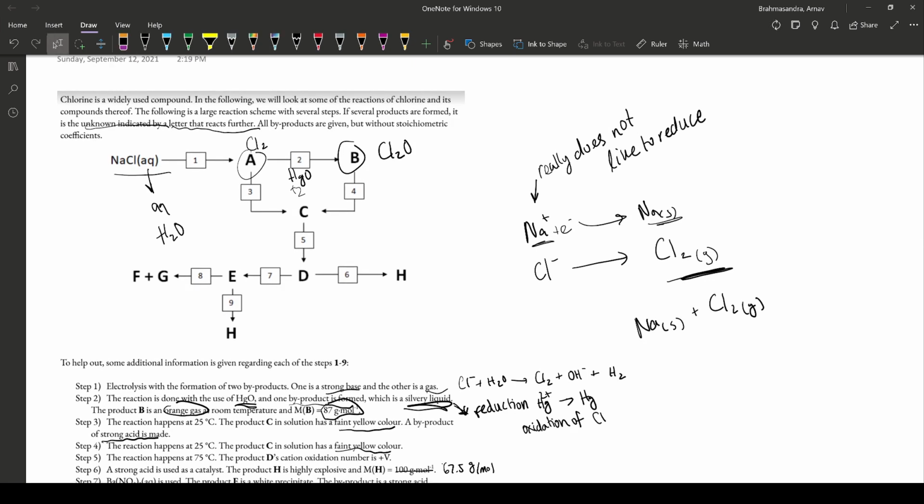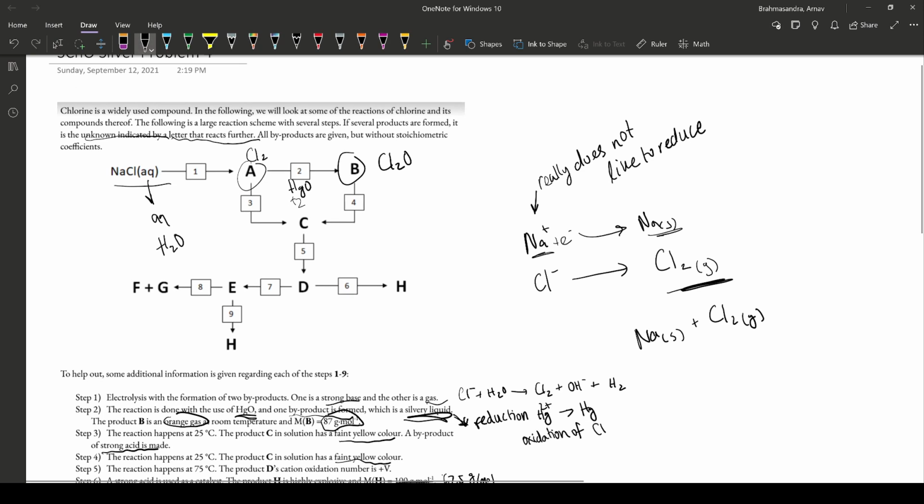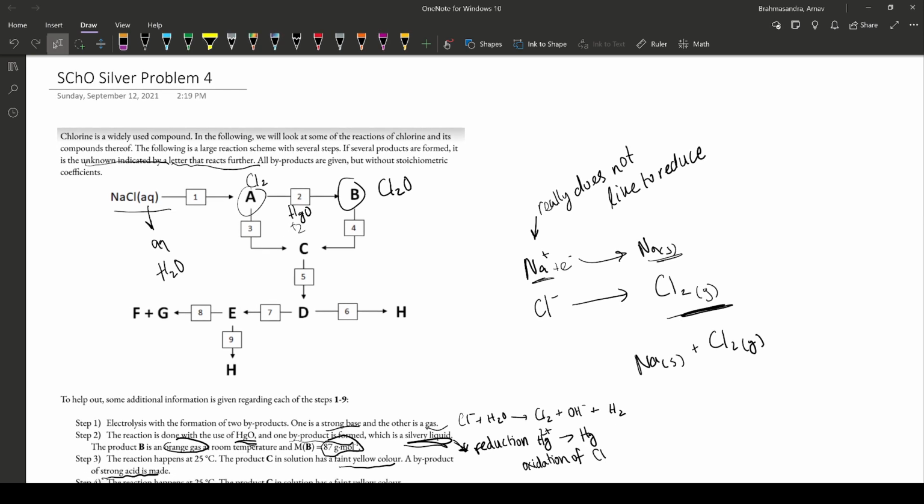I did not know this when I was doing this problem, but chlorine water has a faint yellow color. And why is this? This is because of the presence of hypochlorous acid, HClO.